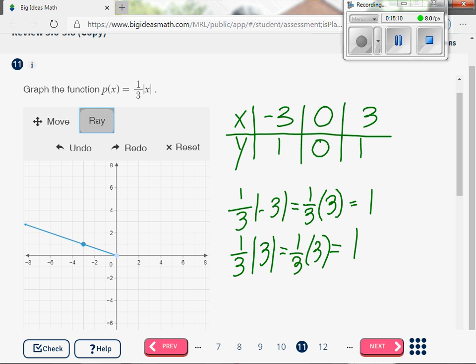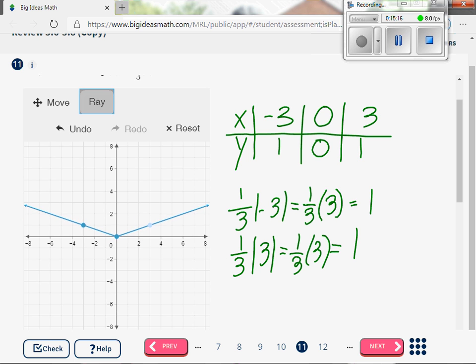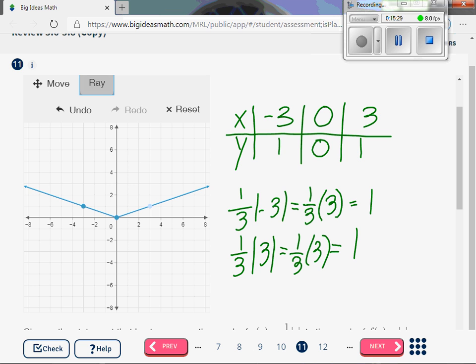Now, at 3, we're also at 1. So a vertical shrink makes it open bigger. Vertical stretch makes it open smaller. But if we notice here, the smallest value of y is at 0, and it goes up.